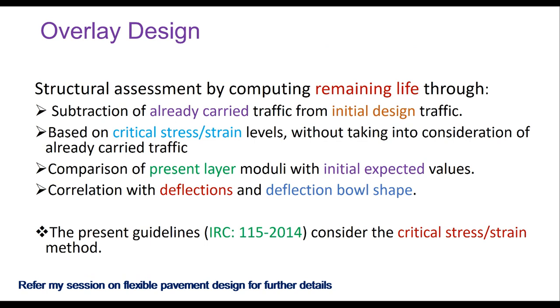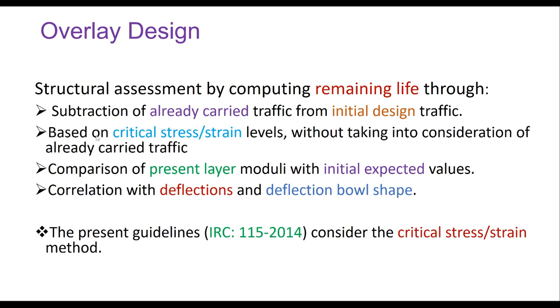The overlay design can be based on any of these four methods. First, subtraction of already carried traffic from the initial design traffic. If you know what the original design traffic was and how much traffic has already been applied on the road, then the difference will be the remaining life.